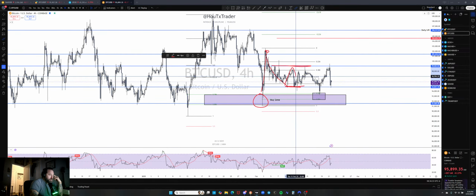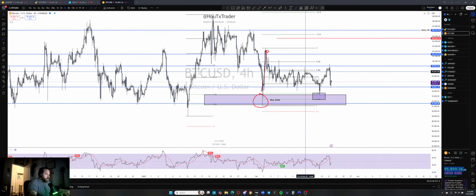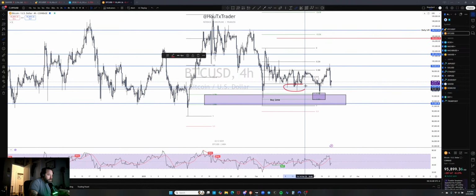So me and the guys in the Discord were watching this the entire time, and we marked off that this is liquidity right here. So when this dipped down below and touched our fib, we were looking for buys there because we know that it's sweeping liquidity here. It popped right back up.